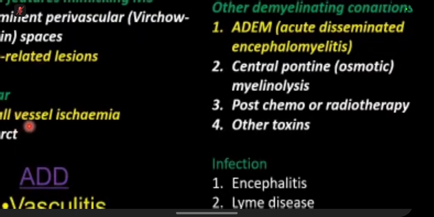And here comes the concept of small vessel ischemia. Small vessel ischemia is age related, and that is why it is more frequently seen after the age of 60.